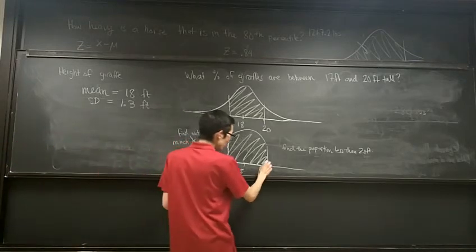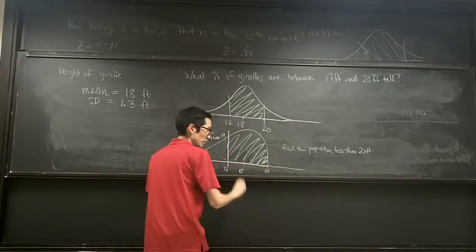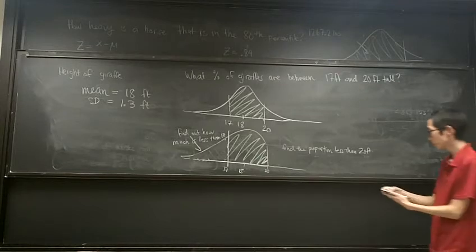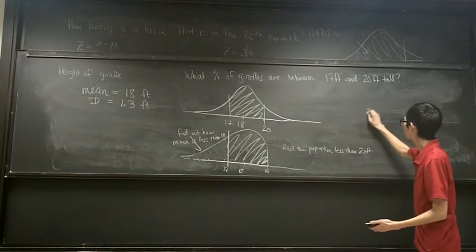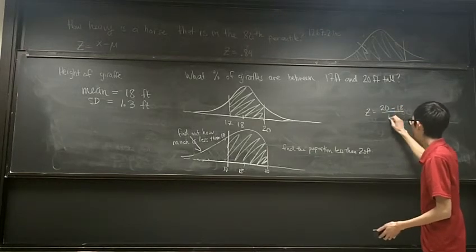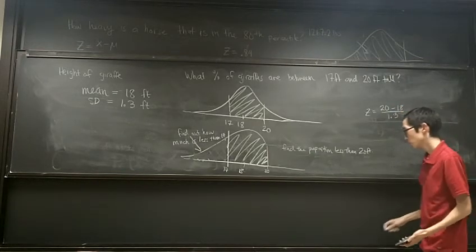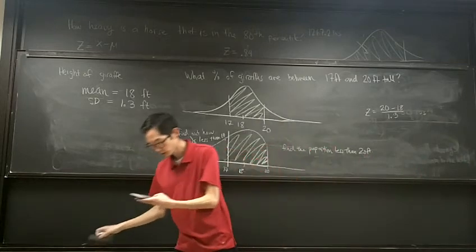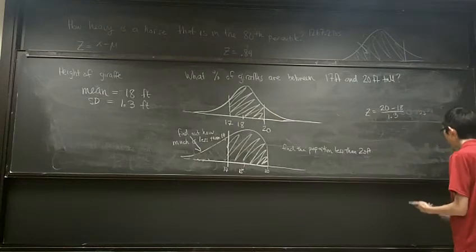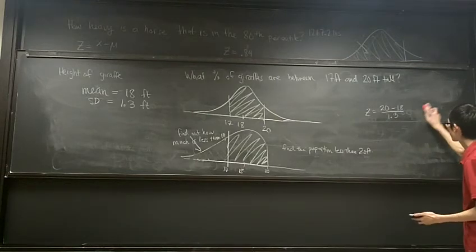So, very quickly, we'll work this through. To get the proportion less than 20 feet, I've got to figure out my z-score. I do 20 minus 18 divided by 1.3. A giraffe that's 20 feet tall has a z-score of 1.54.